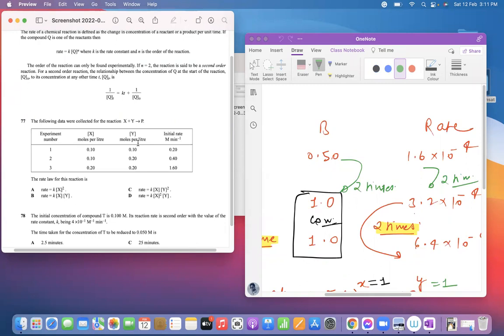Just tell me the answer. Which option is fine? A, B, C, D. Someone is saying D, someone is saying C.